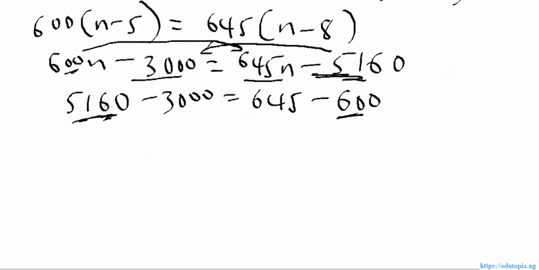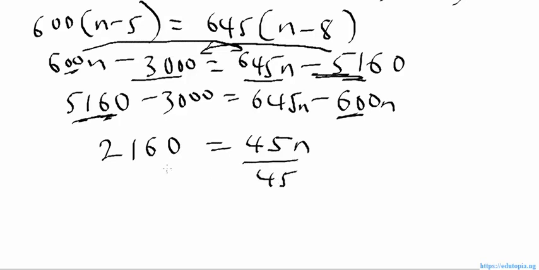Now I have 5160 minus 3000, which will give you 2160, is equal to, remember this is N and this is N, 645N minus 600N, you're left with 45N. Now divide both sides by 45. You have 45 here and you have 45 here.